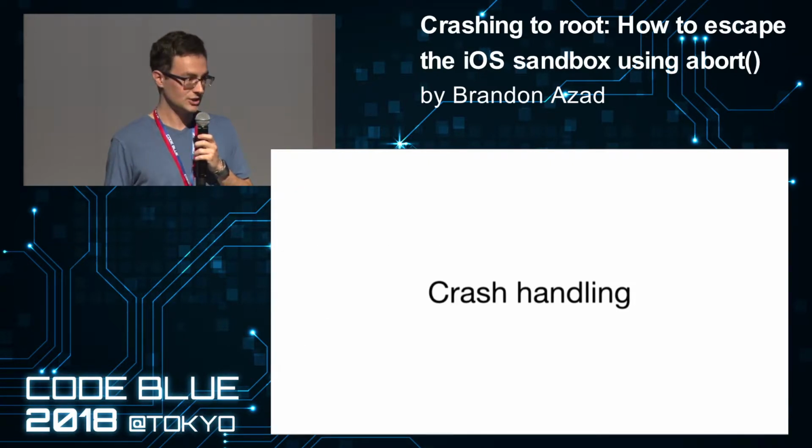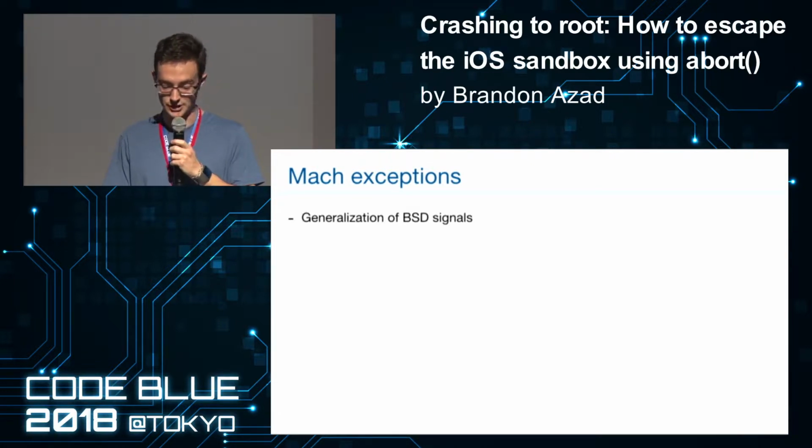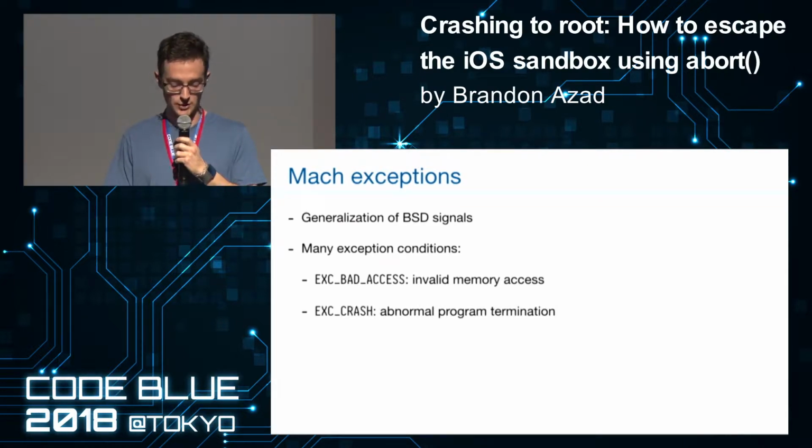Now let's look at how crash handling works on iOS. Crash handling is based on Mach exceptions, which are a generalization of BSD signals. Just like there are many types of signals, such as SIGINT and SIGSEGV, there are many different exception conditions. For example, EXC_BAD_ACCESS is an exception that occurs on an invalid memory access, while EXC_CRASH is an exception that occurs when a process terminates abnormally.